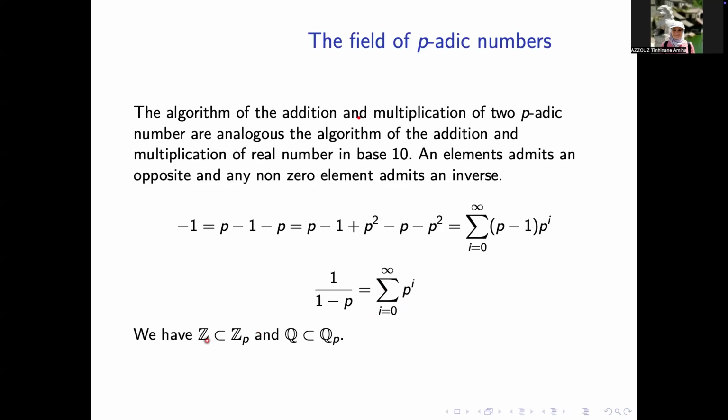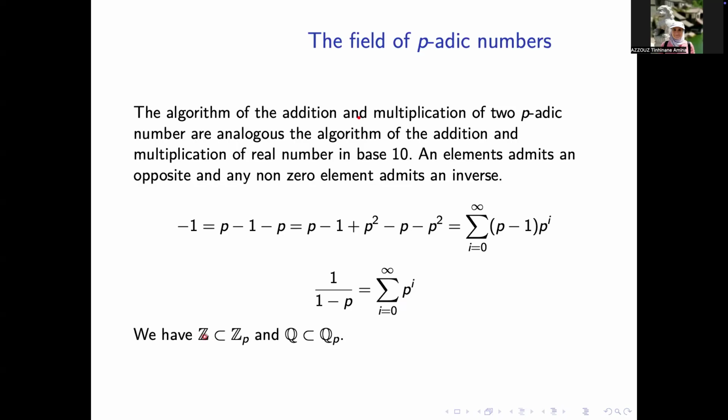Therefore, we have Z, which is included in Z_p, as a ring, and Q, the rational numbers, is a subset of Q_p. We start by defining it using formal power series, and then we can deduce this condition.